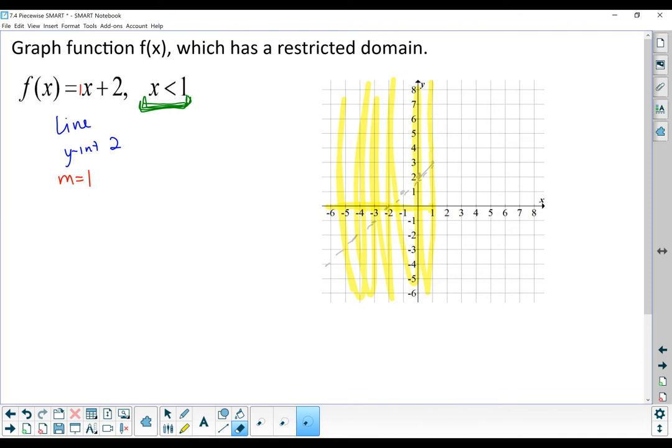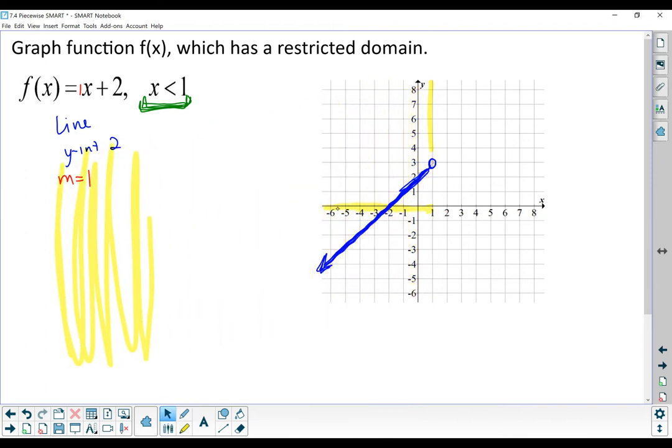Now that I've thought about that domain, I'm going to draw the graph in a little stronger. This is strictly less than 1, so it's going to have an open circle on this side, and then I'll sketch in the rest of that line. Okay, and then I'm just going to pull that highlighting away so you can see the graph. So we've got a piece of a line here.